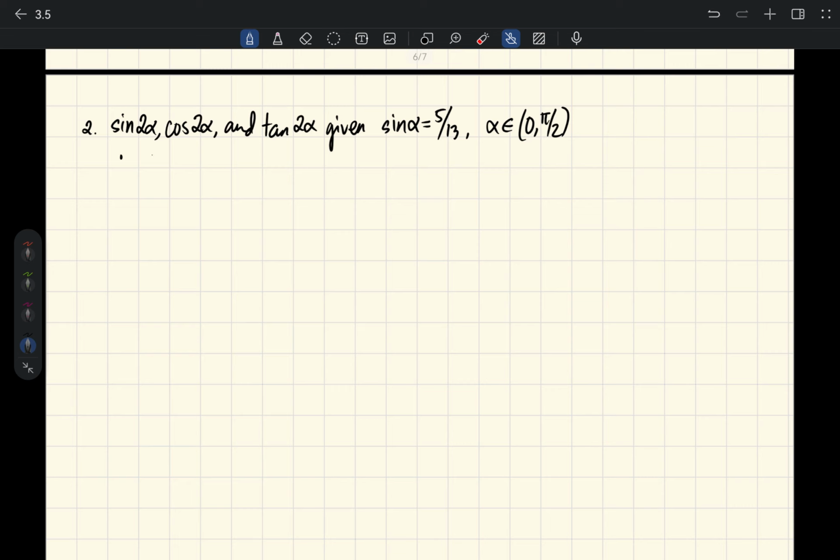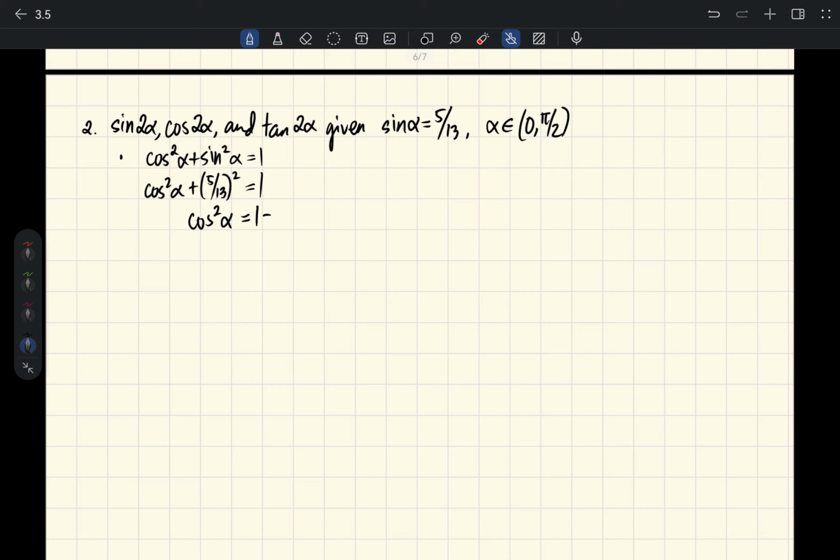We know that cosine squared alpha plus sine squared alpha equals 1. So plugging in our sine alpha here, we have cosine squared alpha plus 5 over 13 squared equals 1, giving us cosine squared alpha equals 1 minus this one right here.